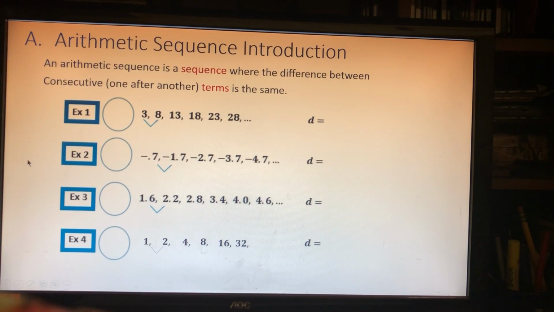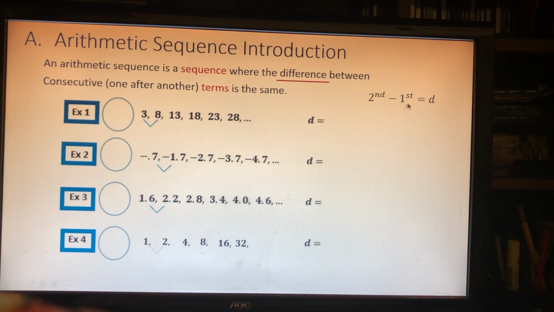The most important word in this definition is difference, because in math the word difference means subtract, and that's what we're going to do. We're going to subtract the first term from the second term, which will get us a difference, and if all the differences are the same, it's an arithmetic sequence.